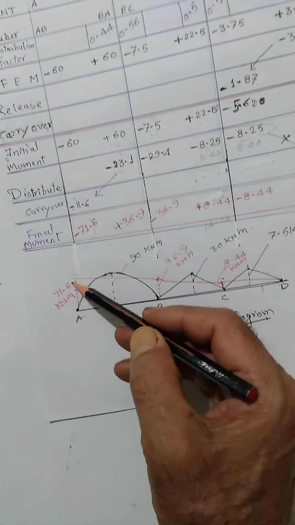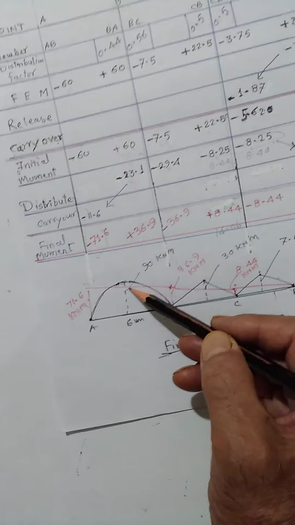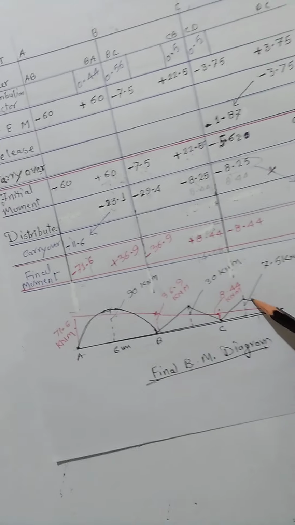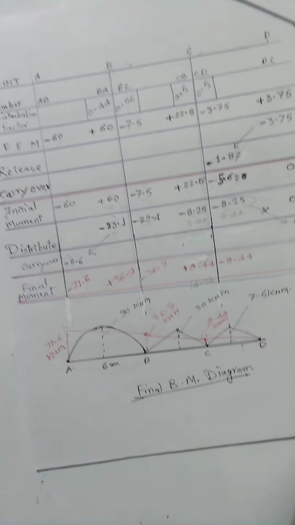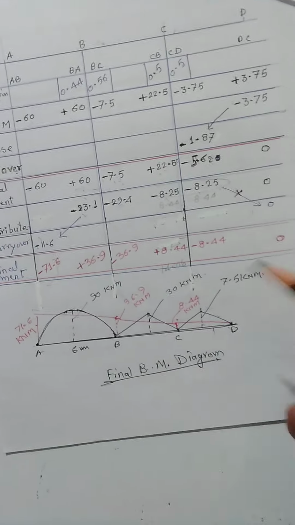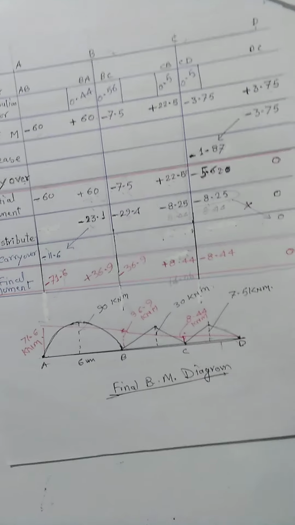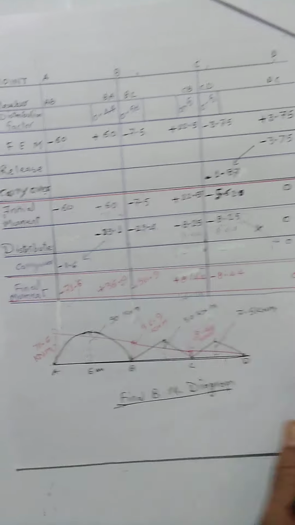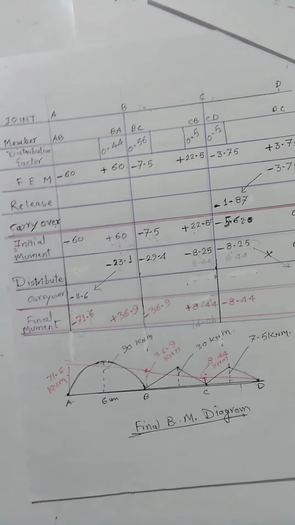Then this will give the maximum negative, this will give the maximum positive, again negative at B, positive here and positive here. Once this is known, then as usual find out the values of RA, RB, RC and RD. Once the reactions are known, draw the shear force diagram, and that completes the moment distribution.